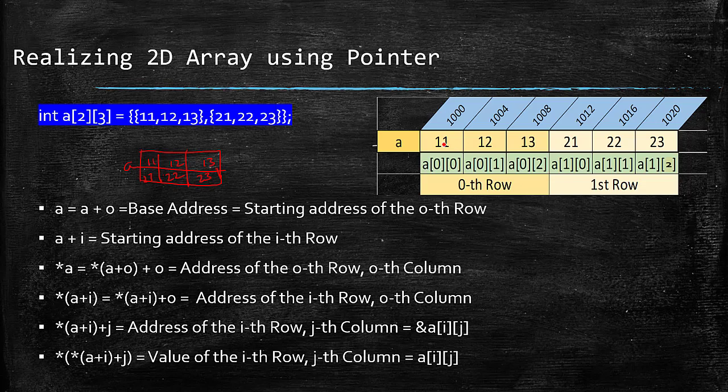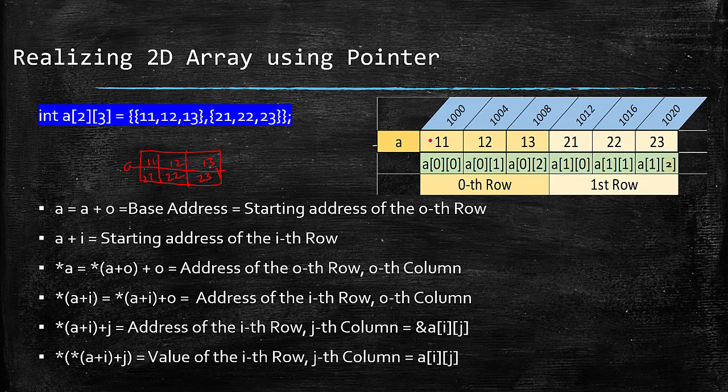In our case, we are using a compiler which gives 4 bytes of space for an integer, so every cell is of 4 bytes. So let us take this as the A array, initialized at the 1000 address. From 1000 to 1003, those 4 bytes will be for one cell. So the next cell will be from 1004.